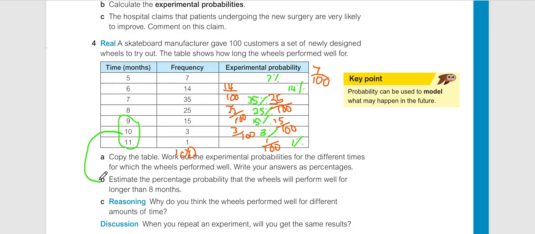What are the percentages we got for 9, 10 and 11 months? It's 15, 3 and 1% respectively. So you can add them all and get 19%. You can write it like adding them together also. Final answer is 19%.